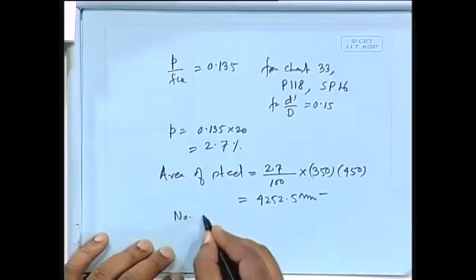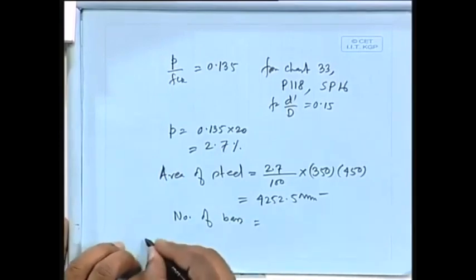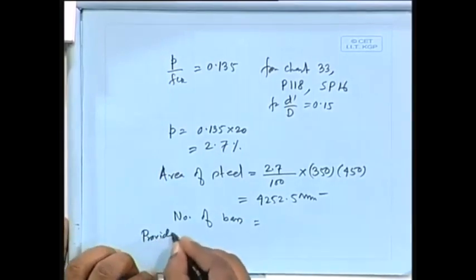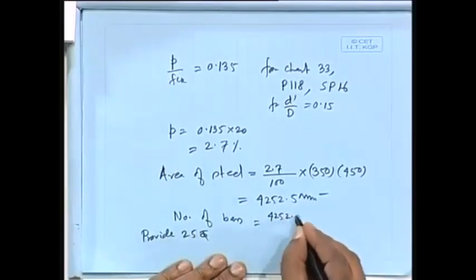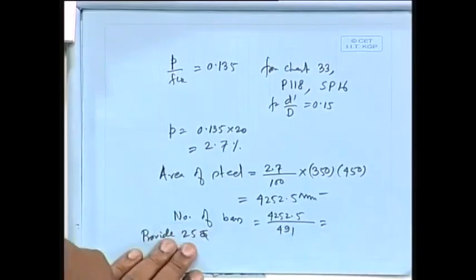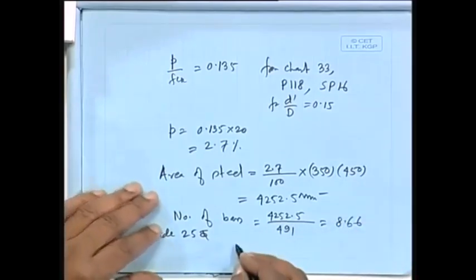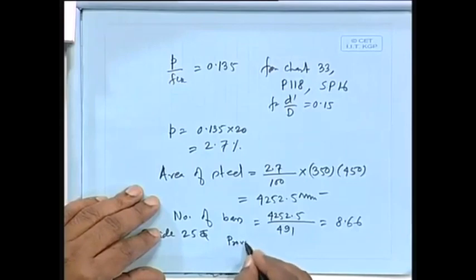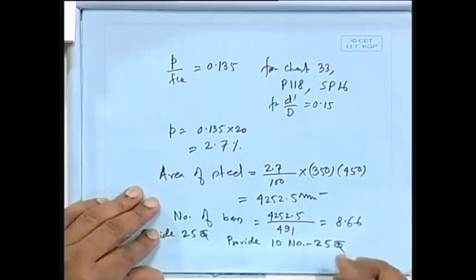Number of bars, let us provide 25 torr. So 4252.5 by 491 is 8.66. So we shall provide 10 numbers of 25 torr. Okay.